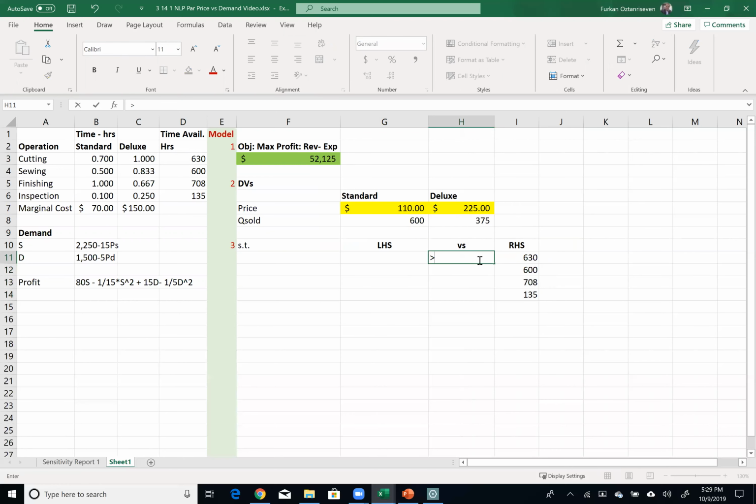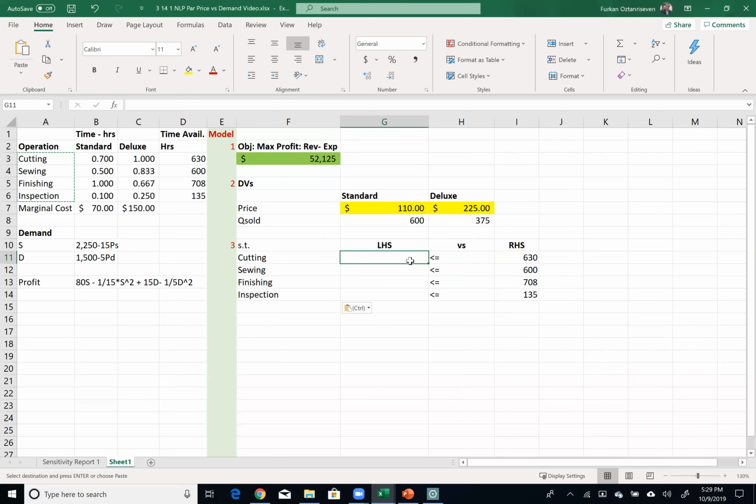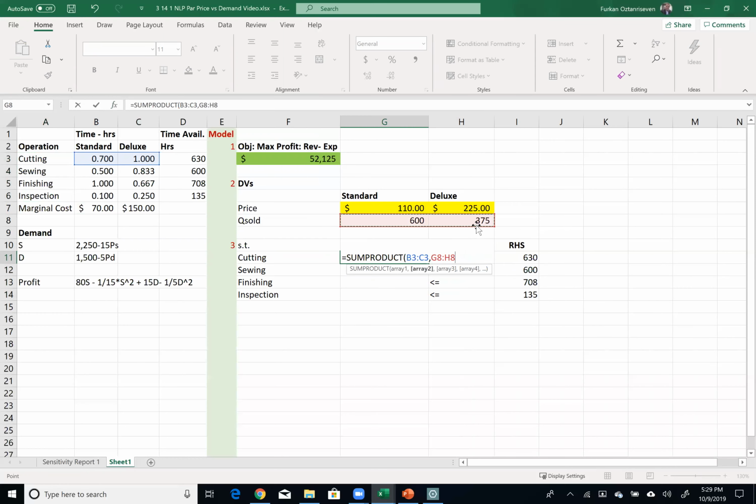And I can't spend more than those, so these are less than or equal to constraints. And my left-hand side values are some product, because these are, again, linear constraints. These are my coefficients, comma, these are my prices.